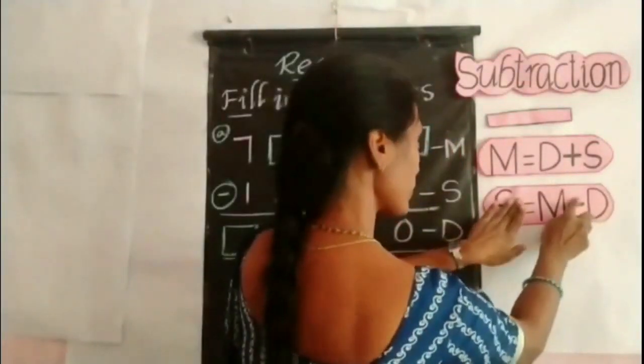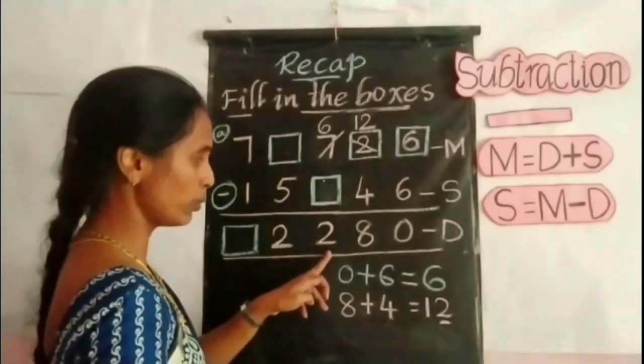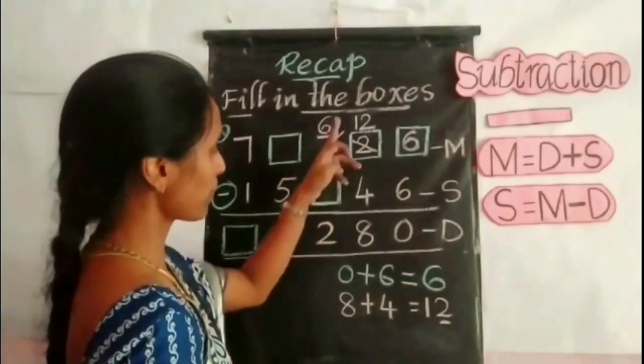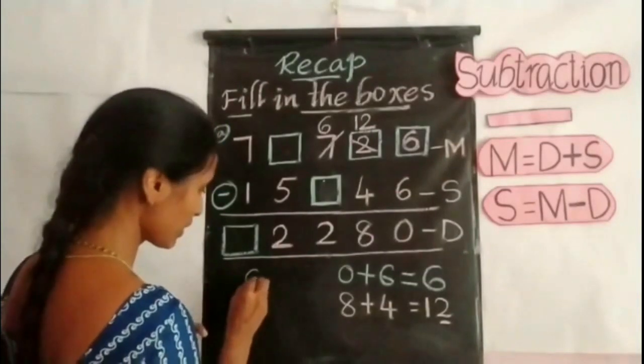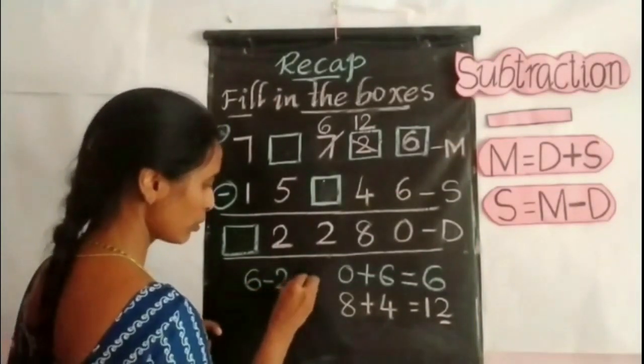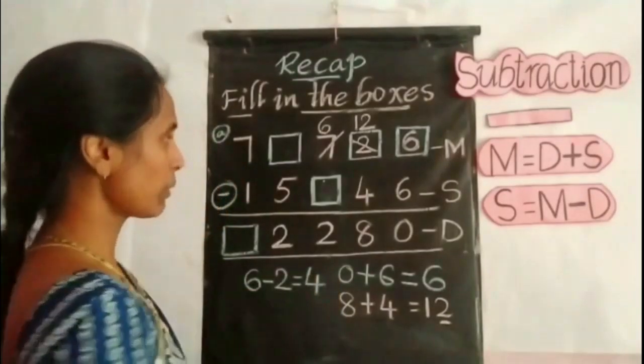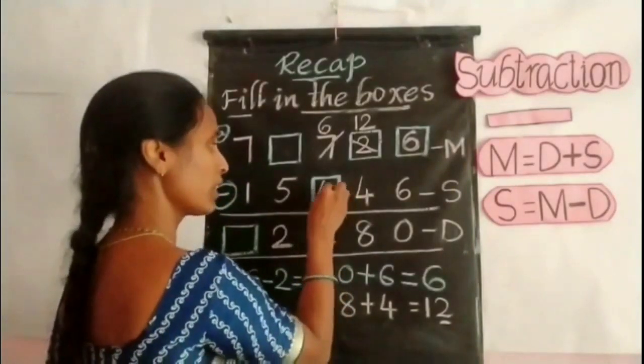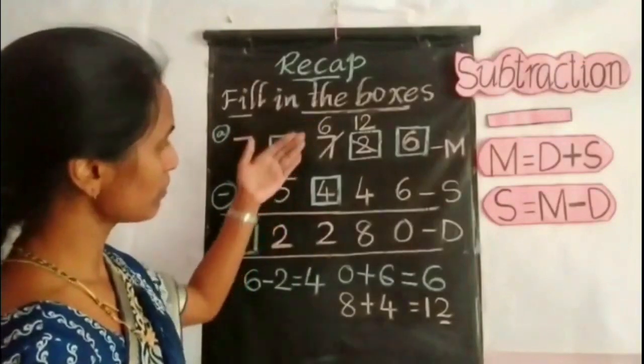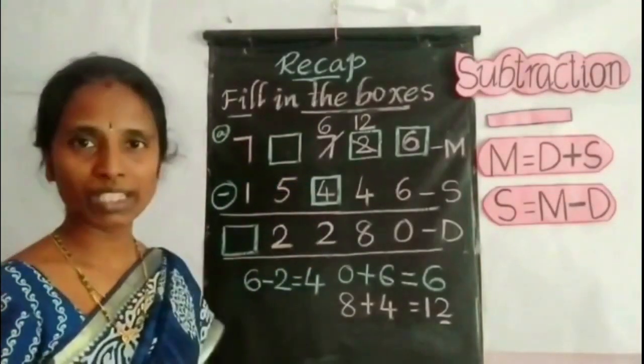So, what is the difference here, children? 2. 2 should be subtracted from 6. 6 minus 2, what is the answer, children? 4. So what is the subtrahend here? 4. Come on, let us check. 6 minus 4? 2. Exactly.